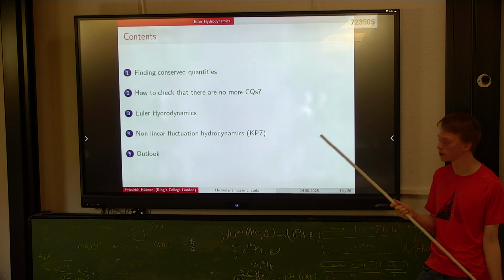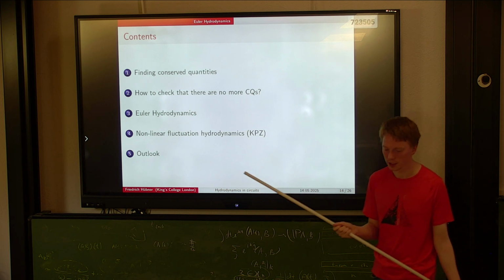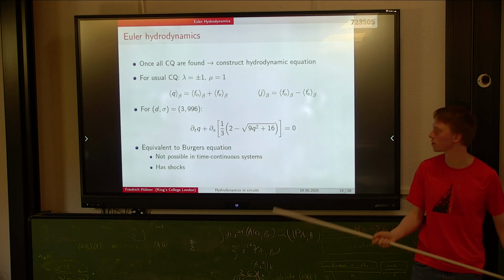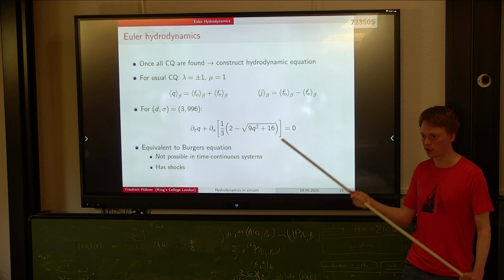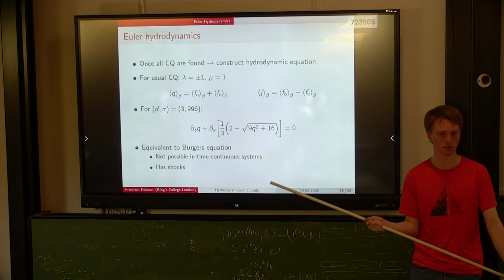Okay, so that's great. Now we have established that we found all of these conserved quantities. And this is the moment when we can actually do Euler hydro. The thing now is we can really compute the hydrodynamic equations. We don't have to guess them, we can just compute them, right?